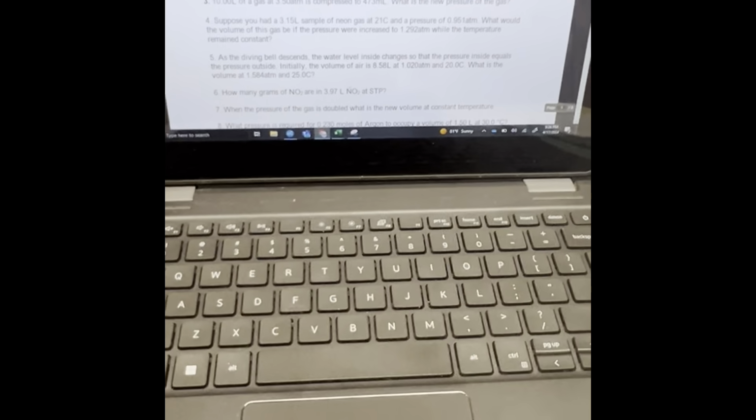On to number 5. Diving bell. Water level inside changes if the pressure inside equals pressure outside. Okay, so it's another combined gas law question.